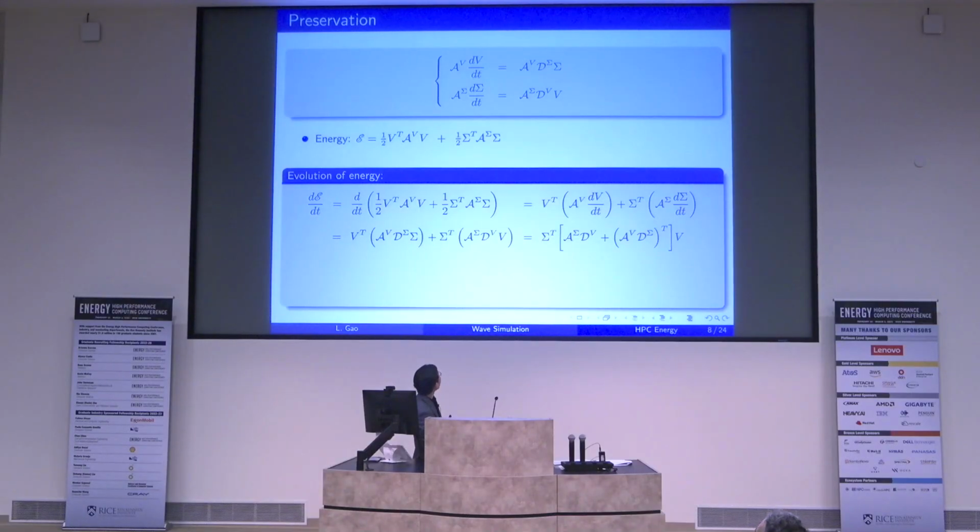You take the differentiation with respect to time. You end up with this thing. So it's not obvious that this can be reduced to boundary only, but this is the name of the game. We wanted to design these operators, A operator and a D operator, so that this quantity would reduce to boundary only. And in doing so, discrete energy mimics the continuous energy, so we would have a chance.